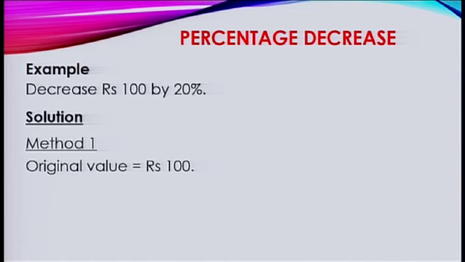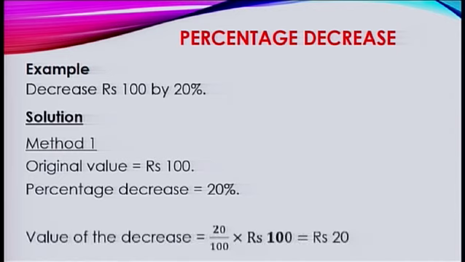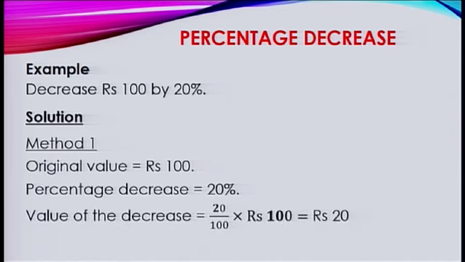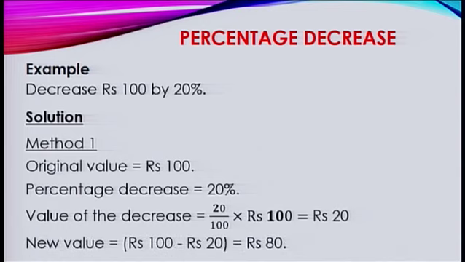You know that the percentage decrease is 20%. So, to find the value of the decrease, what do? It's 20 over 100 times 100 rupees, which is simply 20 rupees. So, to calculate the new value, it will be 100 rupees minus the 20 rupees which represent the decrease, that will be 80 rupees.